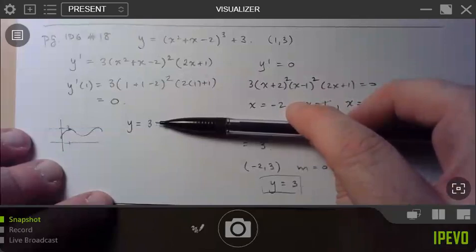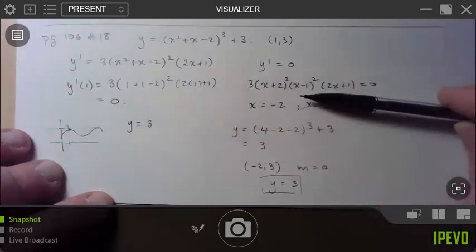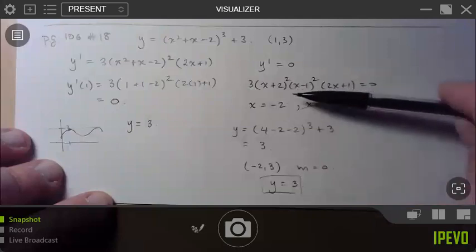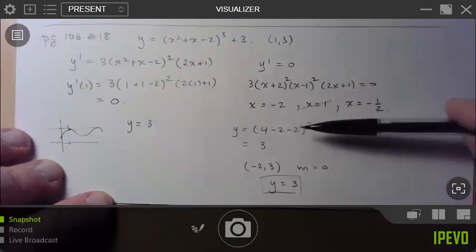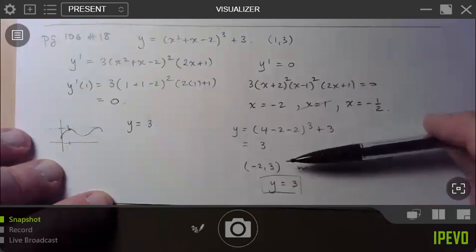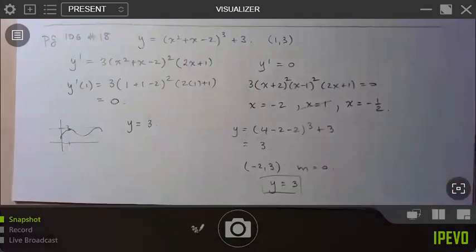Then say, if another point has this tangent line, it's going to have the same slope, which we figured out there were two other values that had the same slope. But not only that, it's going to have the same y value. In this case, -2 had the same y value, hence the same equation. Okay, nice little question.